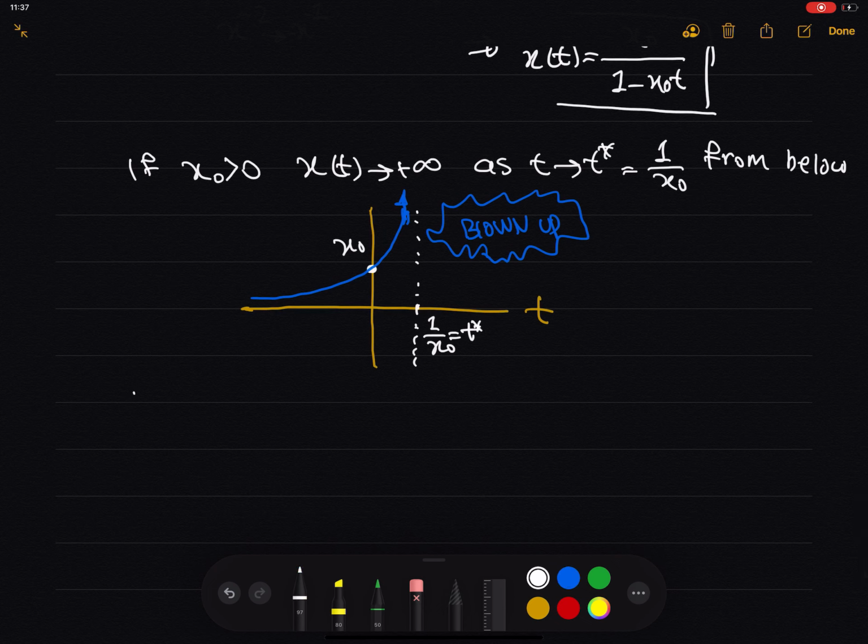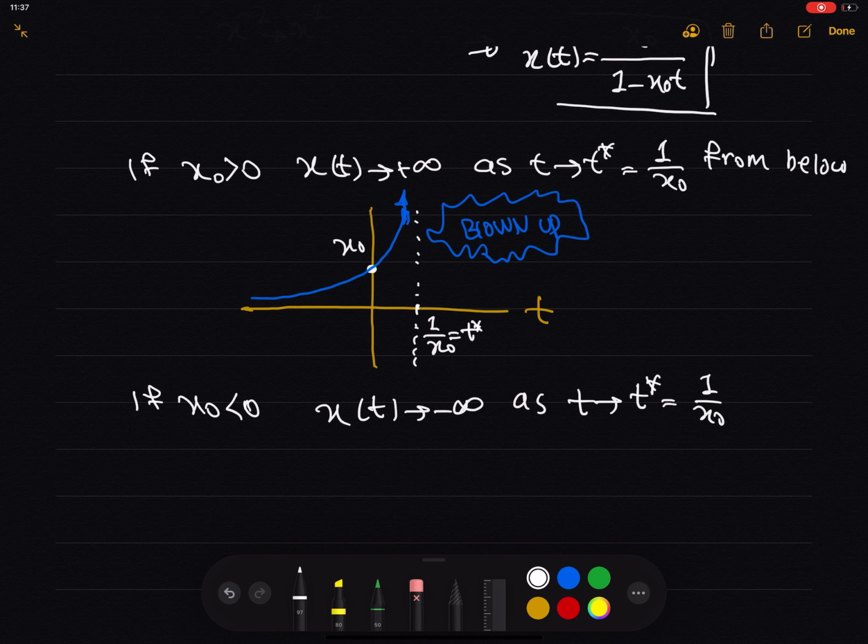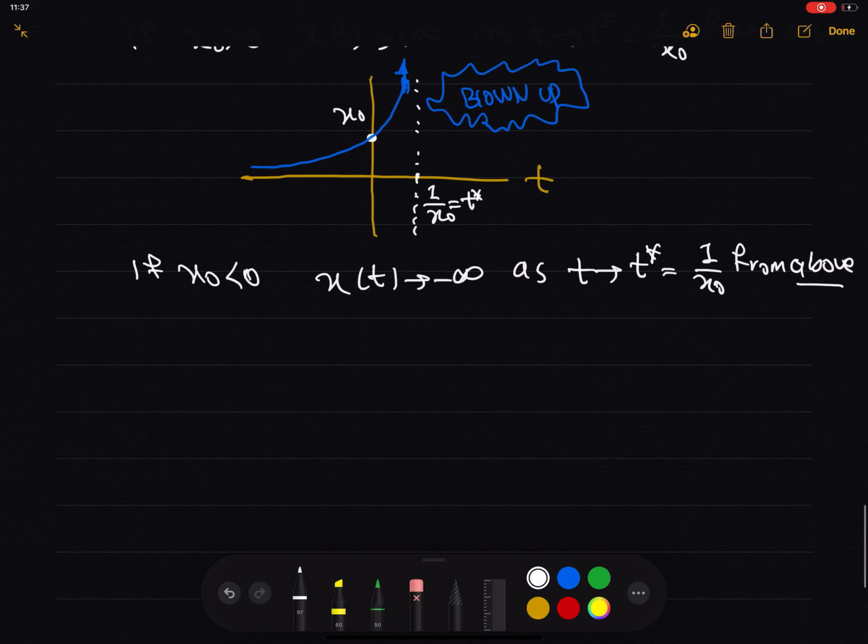And if x0 is smaller than 0, a negative number, x(t) is going to go to negative infinity as t goes to t star, or 1 over x0, from above. So this is the difference. This time it's going to go from above, and let's see what it looks like.